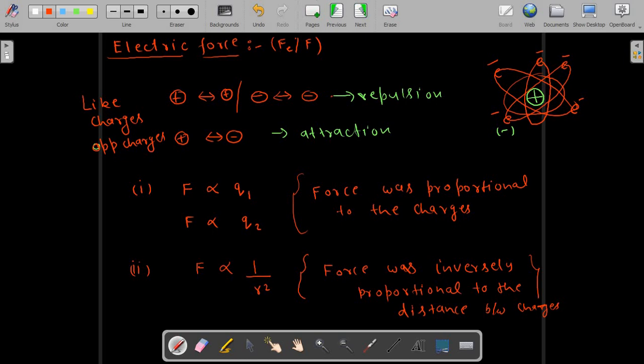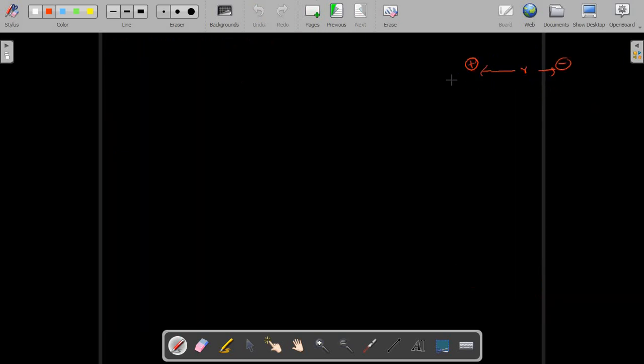That means if I increase this distance R between these charges, F is going to decrease, right? As I increase the distance R, F is going to decrease. If I decrease the distance, F is going to increase.